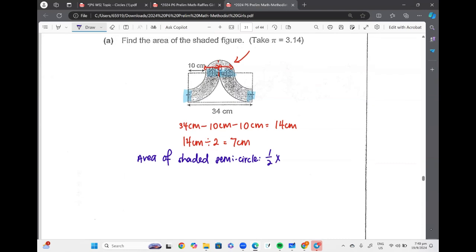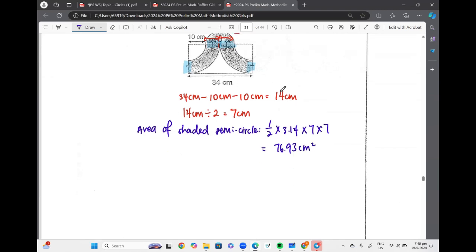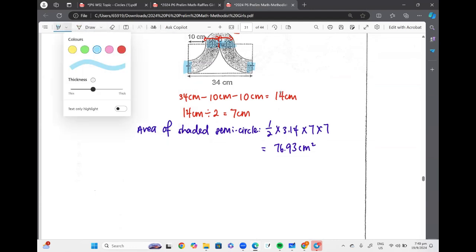What is pi in this figure? 3.14 times radius, which is 7 times 7. I'll get half times 3.14 times 7 times 7, which is 76.93 cm squared.